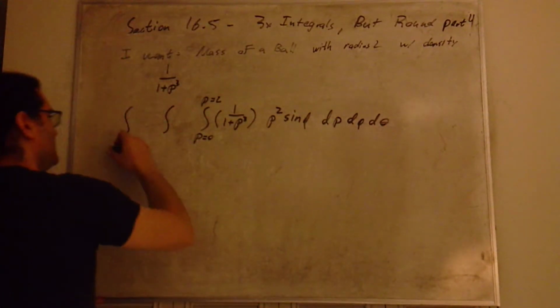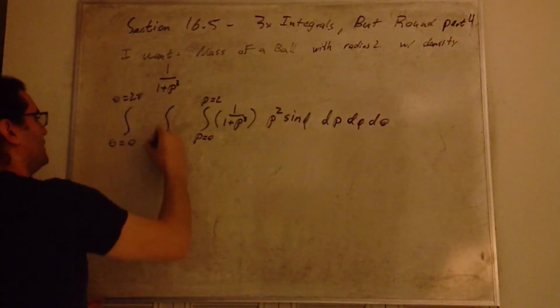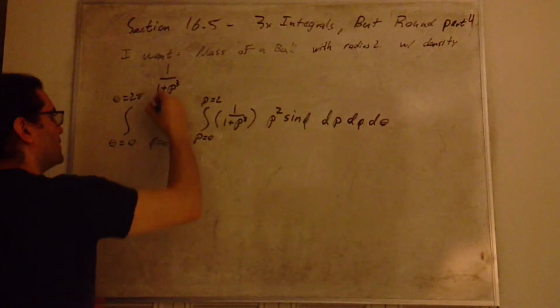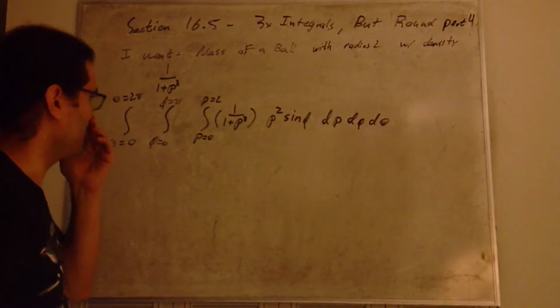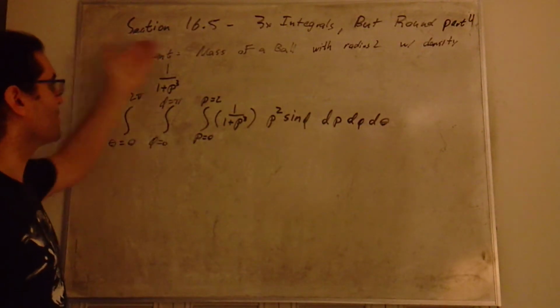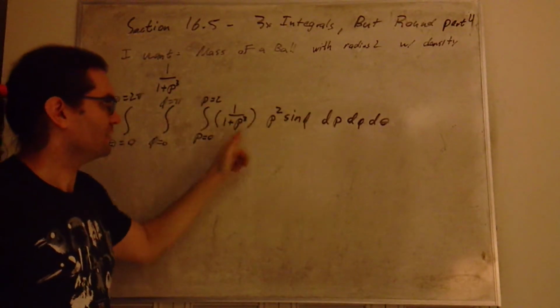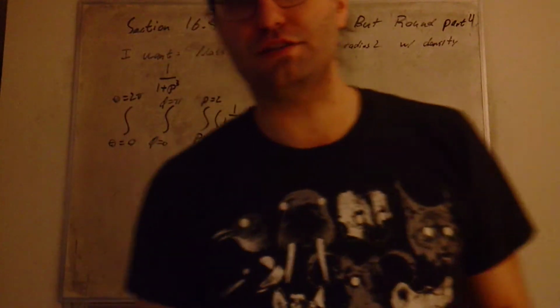Theta and phi are going to do the standard issue 0 to 2 pi on theta and 0 to pi on phi. So this is how I set up the mass of a ball with this density function and radius 2. Now that it's set up, all I have to do is integrate.